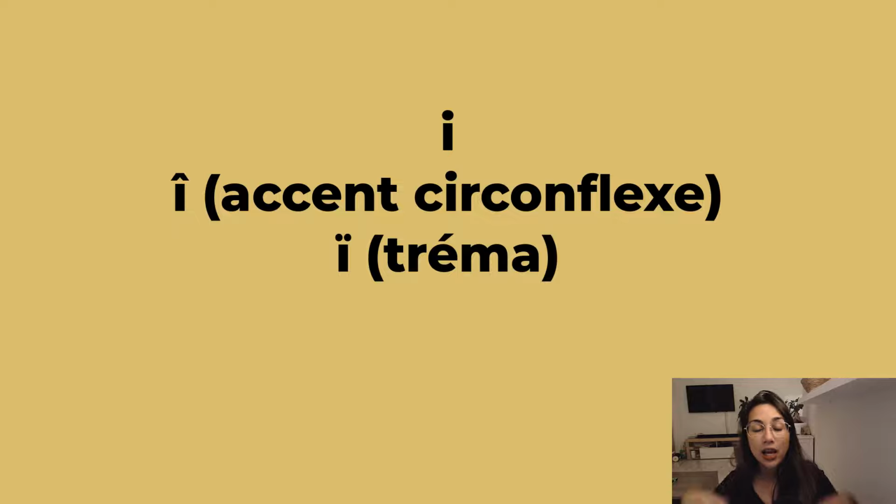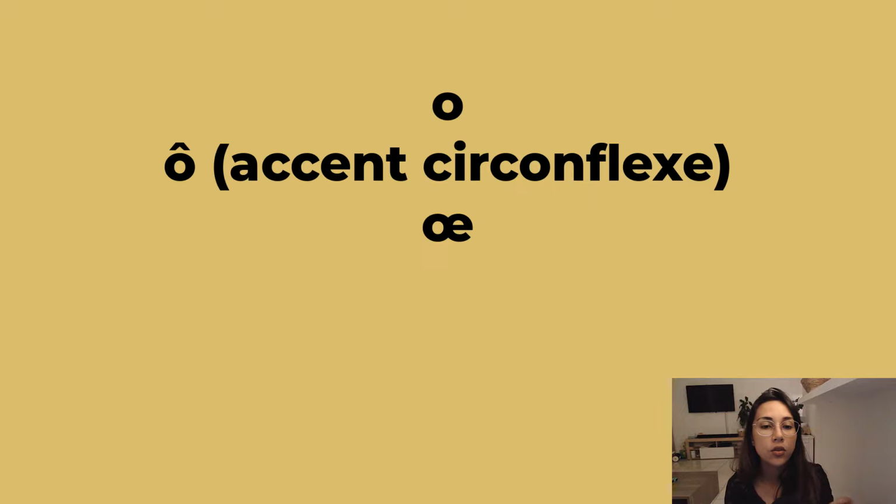The next one is going to be the vowel I. You have two different spellings for this one: l'accent circonflexe, î, and le tréma, ï. This doesn't really change the pronunciation. Then O. You have two variations here: O with accent circonflexe, ô, and the ligature, œ, which is going to be pronounced like the sound in sœur, cœur.